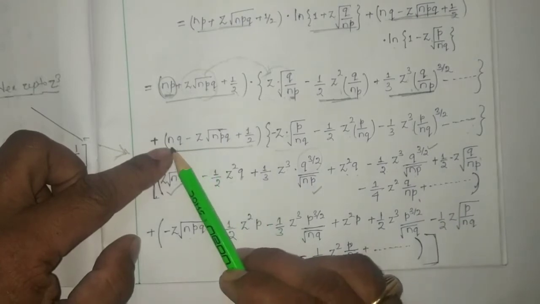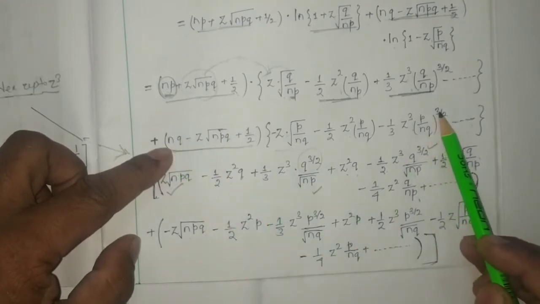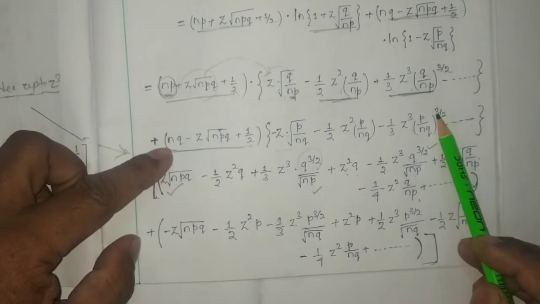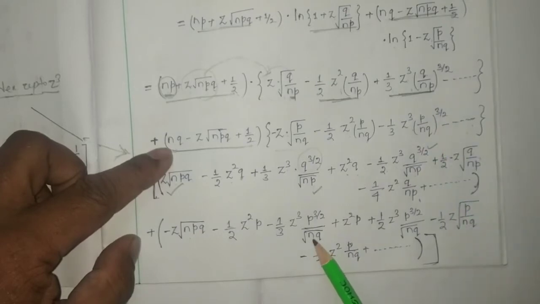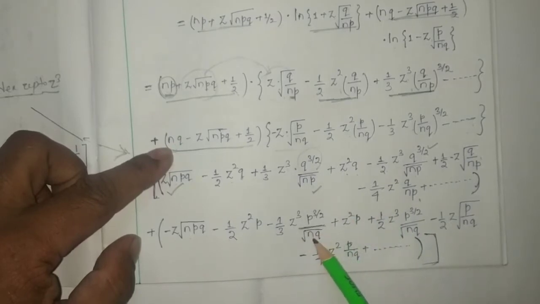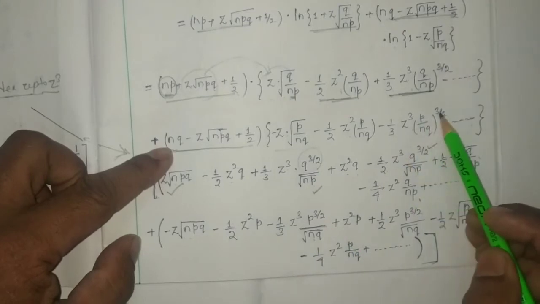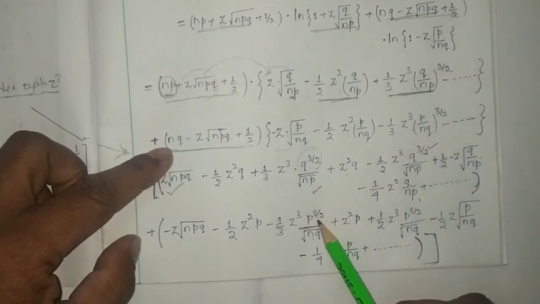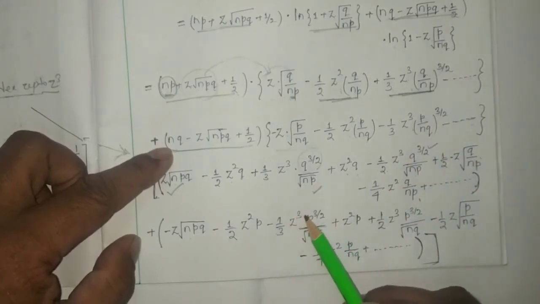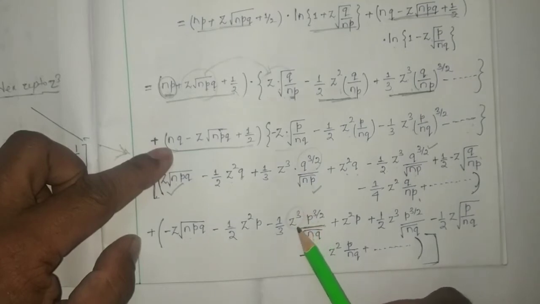Here nq to the power 1, nq to the power minus 3 by 2. So automatically it will be nq to the power minus 1 by 2, that is root over of nq at the denominator side, and p to the power 3 by 2. So as I told, we are going to consider up to z to the power 3. So here we have to stop multiplying this one.